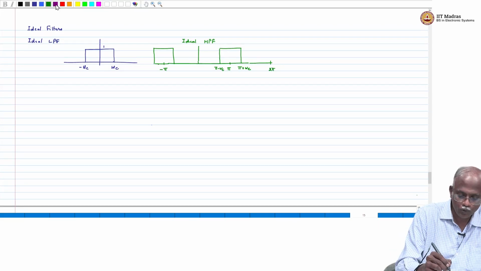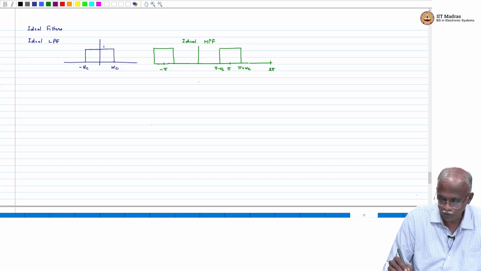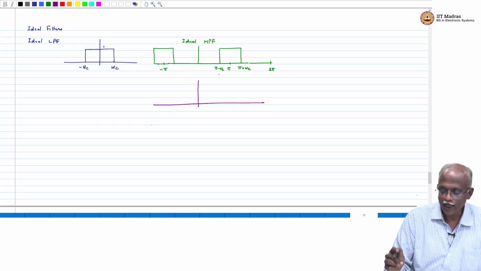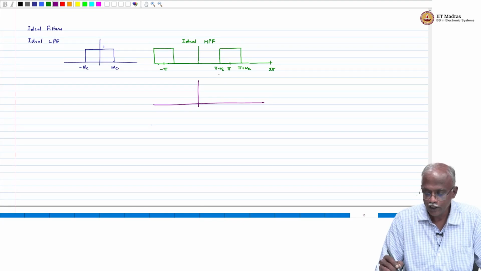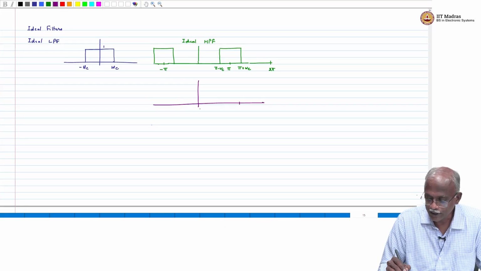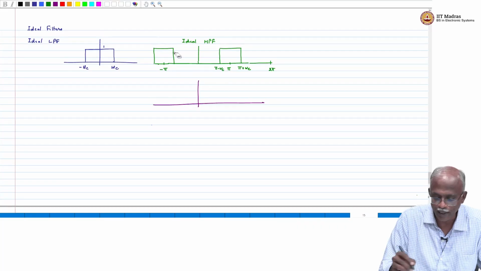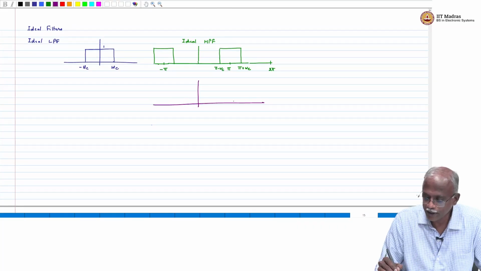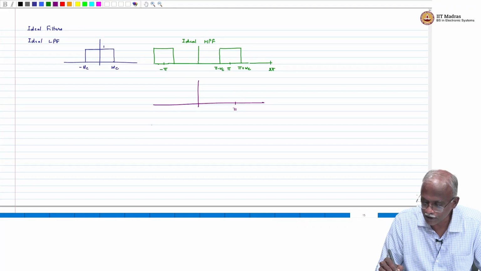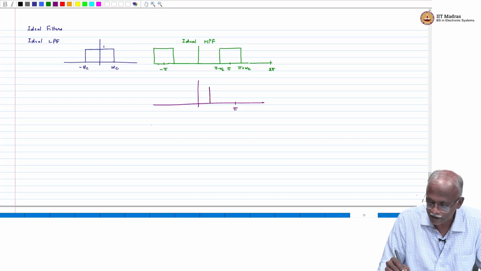Now we have two more filters which are useful for us in different signal processing applications. One is called a band pass filter. So between the low frequency, which is omega equal to 0, and the high frequency, which is omega equal to pi, this filter will pass some frequencies in this range.